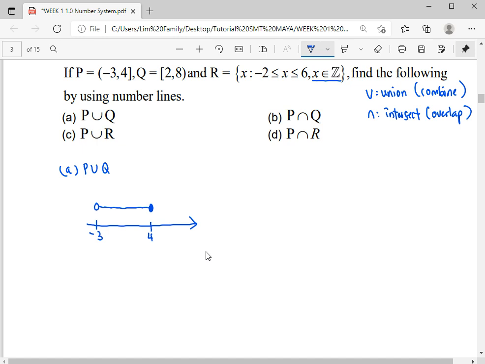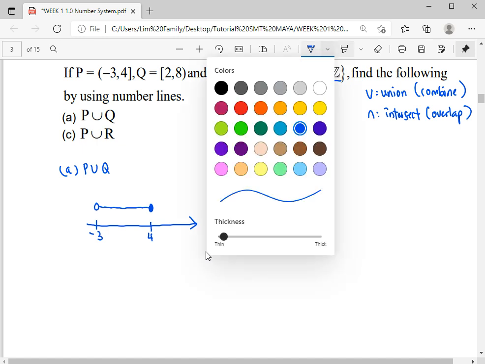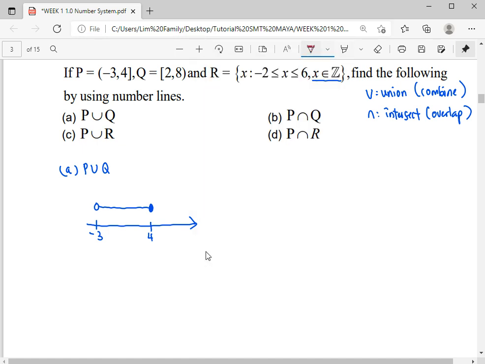And then for Q, the interval starts from 2 to 8. So 2 is located in between here, and 8 will be after 4. So 2 is included, but 8 is not included.